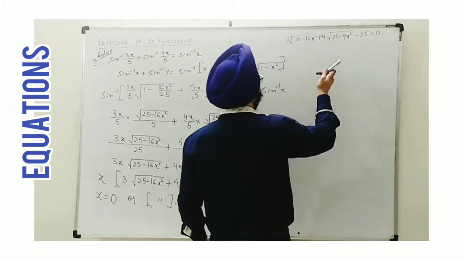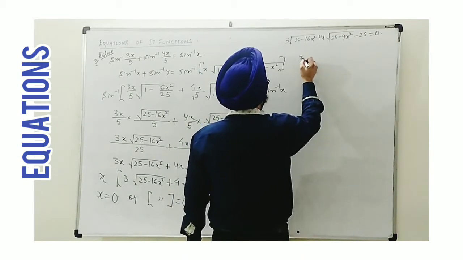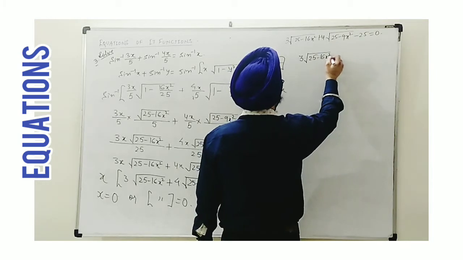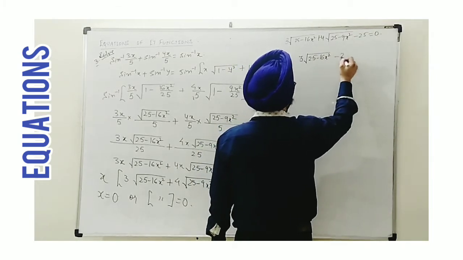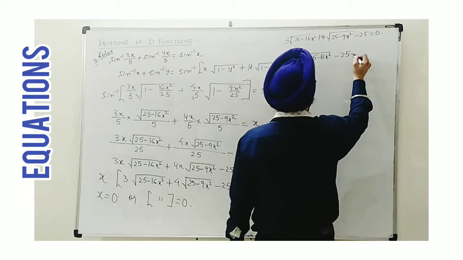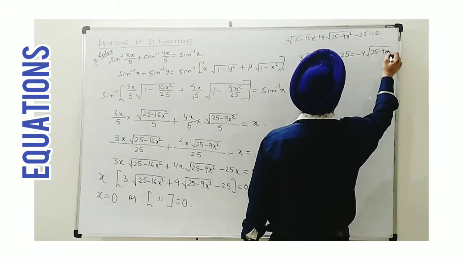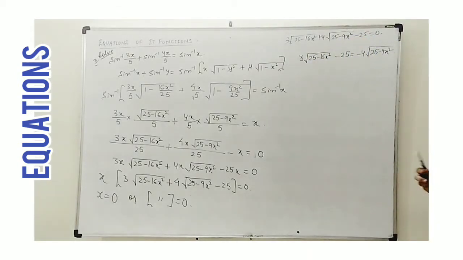This way, thrice root 25 minus 16x square, that constant minus 25 remains as it is, equal to minus 4 times root 25 minus 9x square. Now, being the single square root term on the right hand side, we can square both sides.